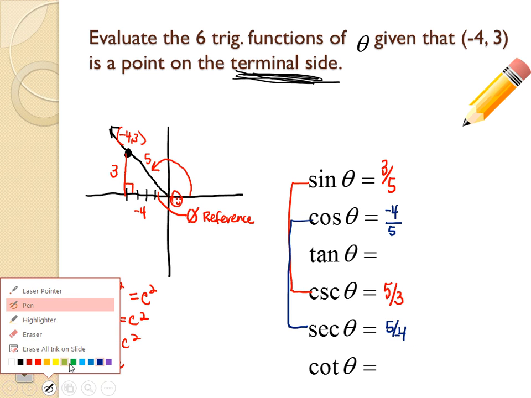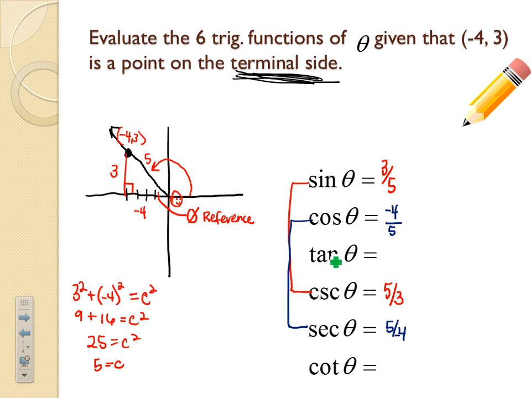And then I know that my tangent is TOA, O/A. So O, opposite, is 3, A is -4. So then I know that cotangent is the inverse of that, which would be -4/3.